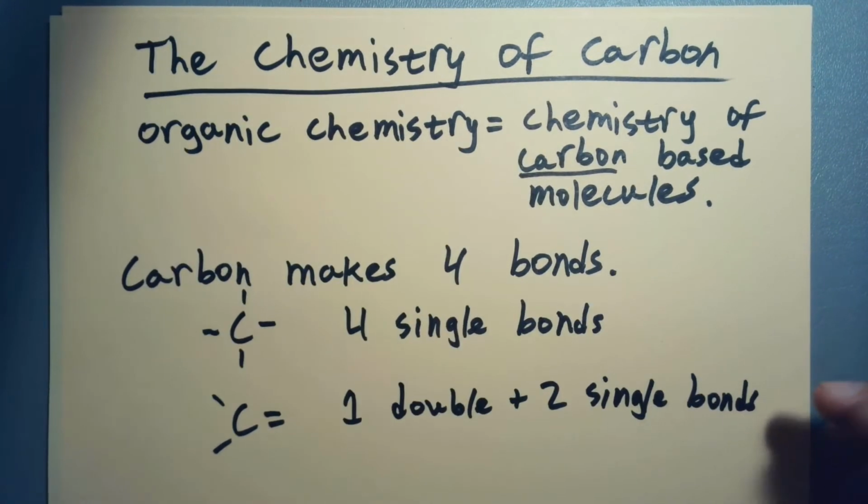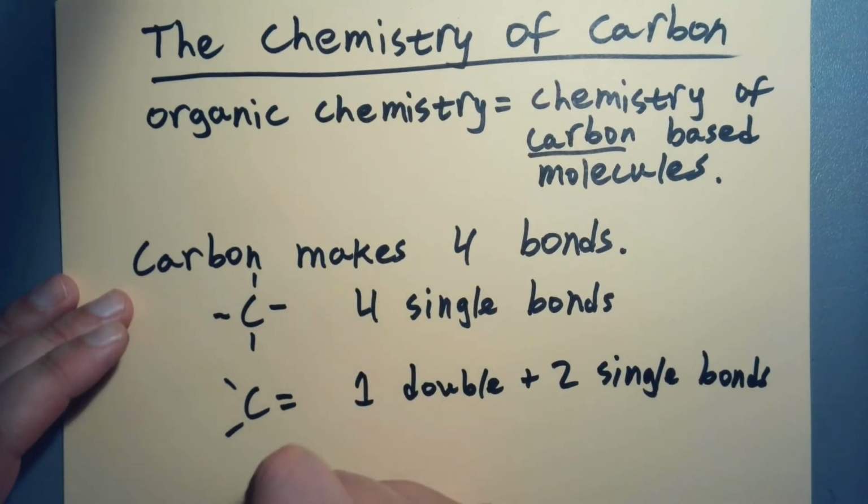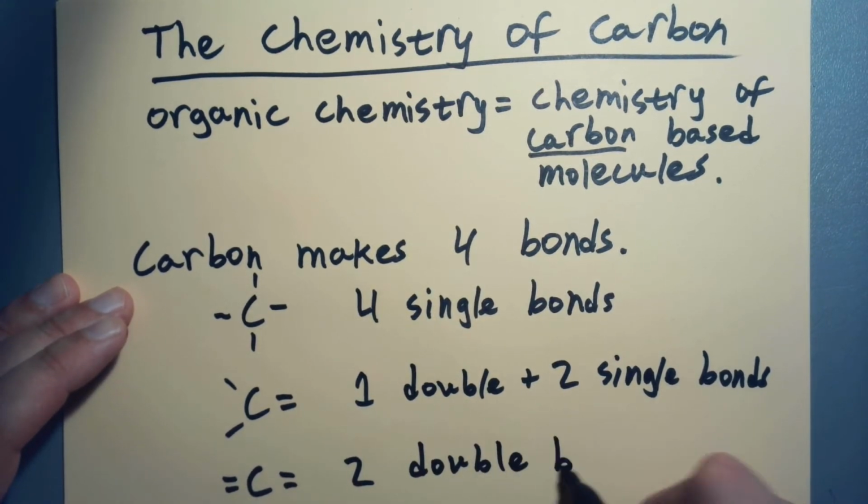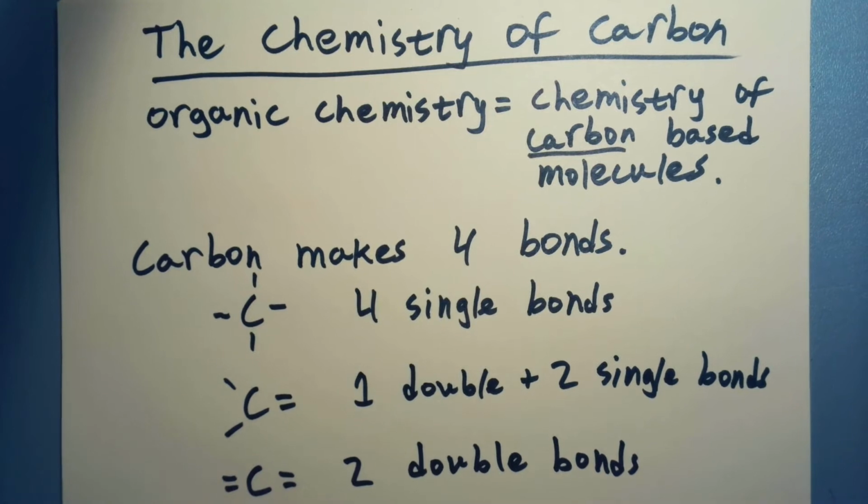And we can also get 2 double bonds. You might have seen something like this in CO2 when we were talking about that earlier. And then carbon can also do 1 triple and 1 single bond.